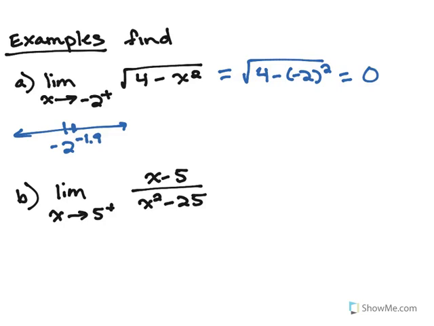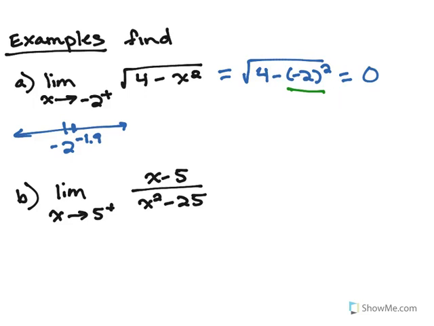If I were to plug -1.9 in here, instead of the -2, when I square it, I'll get a number a little bit less than 4, right? So then I'd be taking the square root of a number that's a little bit more than 0, right? Because 4 minus a number a little bit less than it, I'd be taking the square root of something a little bit more than 0. Okay, that works. So the answer to this is 0.